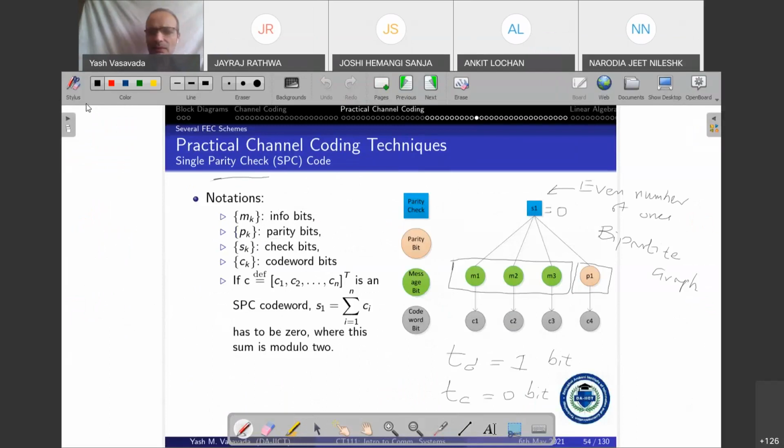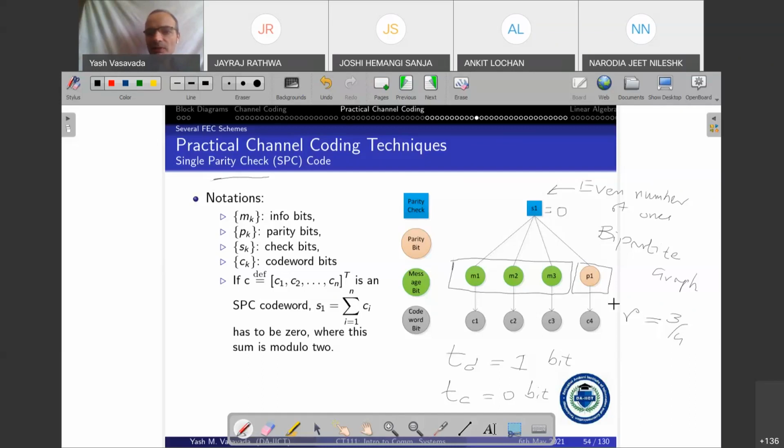All that it does is to show us that if I take these 4 encoded bits of an SPC rate 3/4 code, and if I add them up, I am guaranteed to get a 0. Why? Because that is how this SPC is defined.